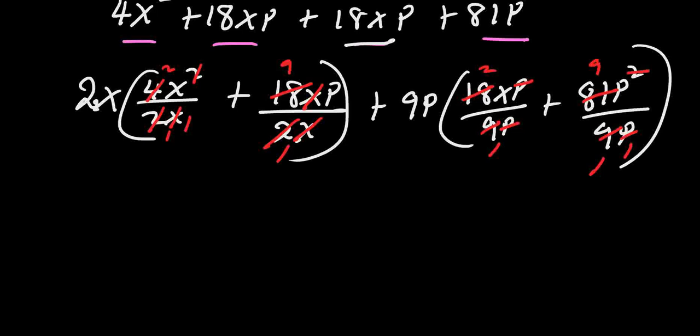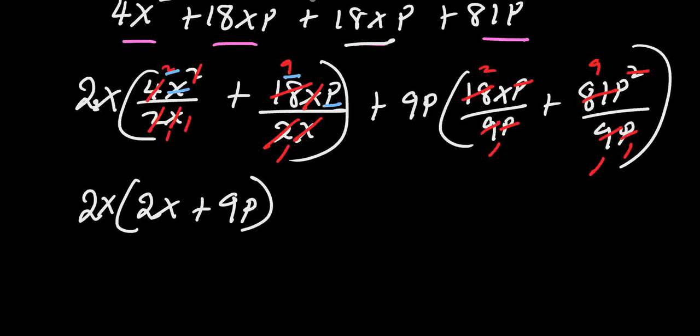All right, so now we have 2x open parenthesis. So over here we have, this is 2 and this is x. So this will become 2x plus, and we also have 9 here and 1p. So this would be plus 9p. Okay, plus 9p open parenthesis, and over here we have 2. This is 2 and this is x.